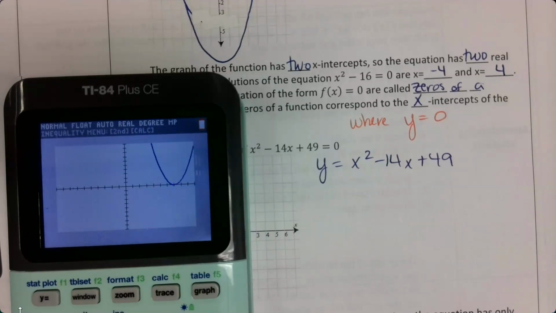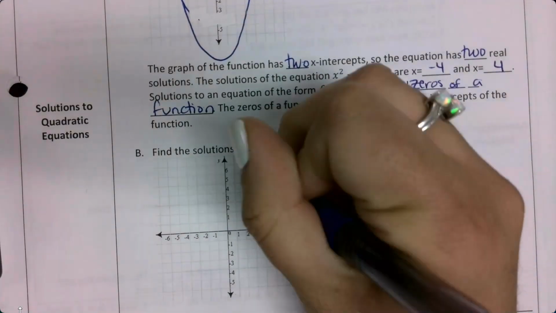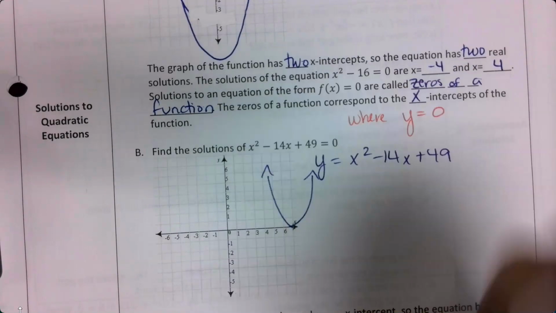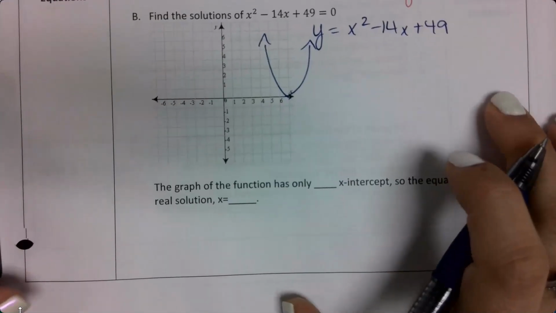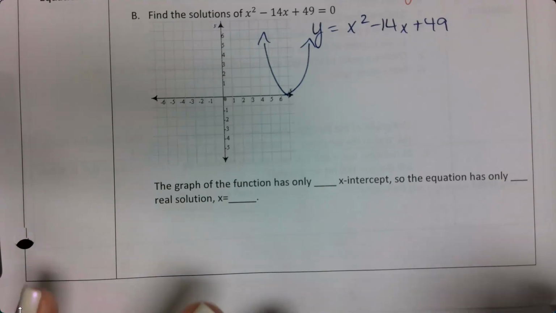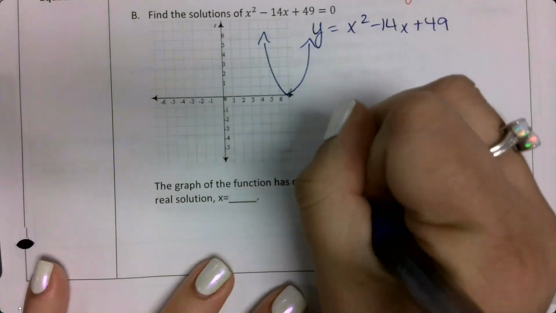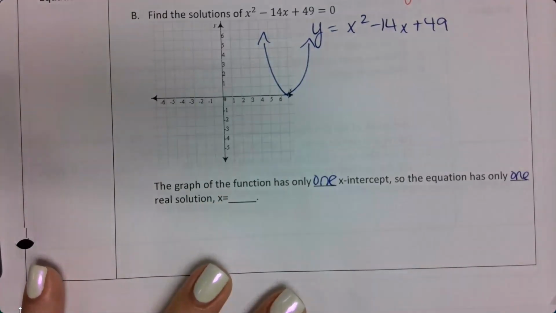So how many x-intercepts do I have? So that means it only has one real solution, and that x equals, where's it touching?